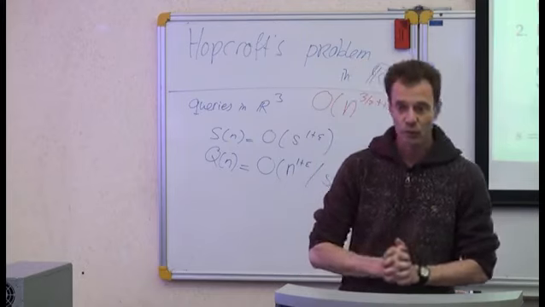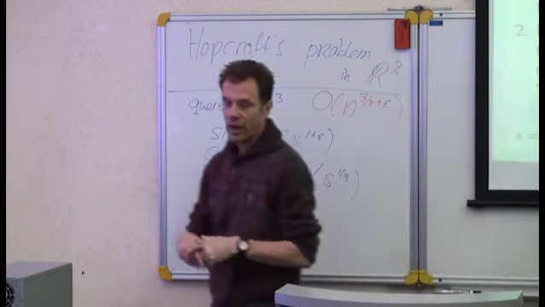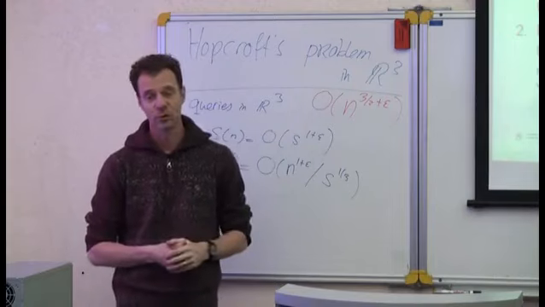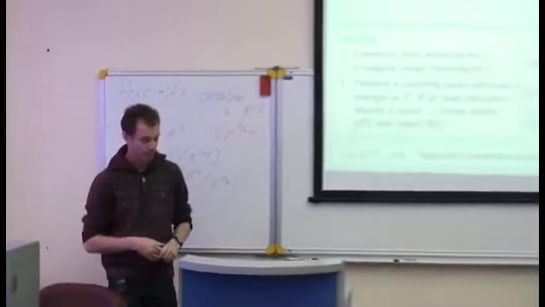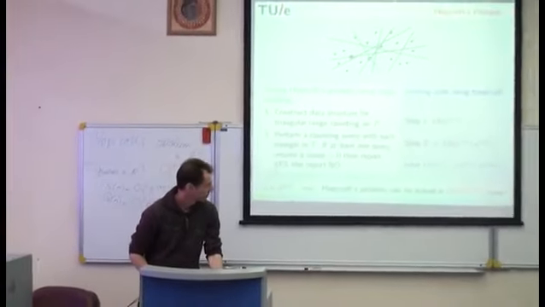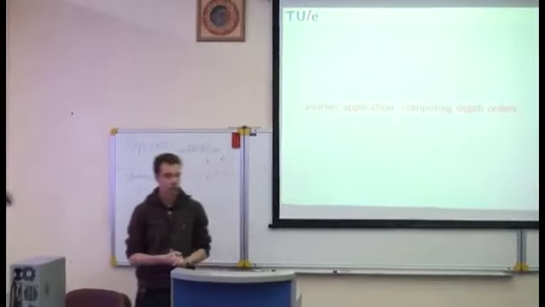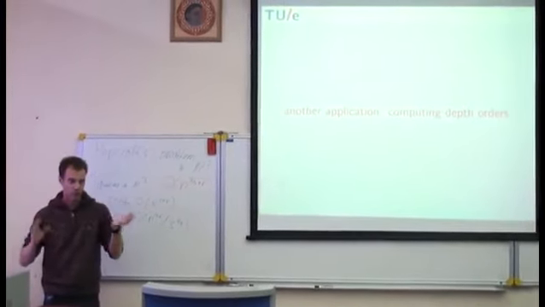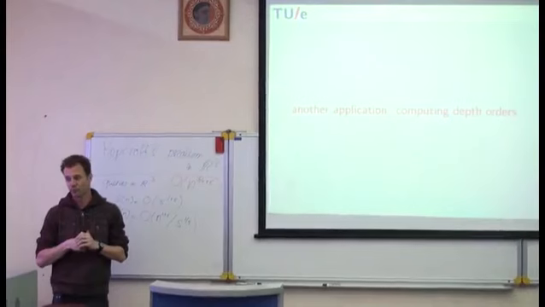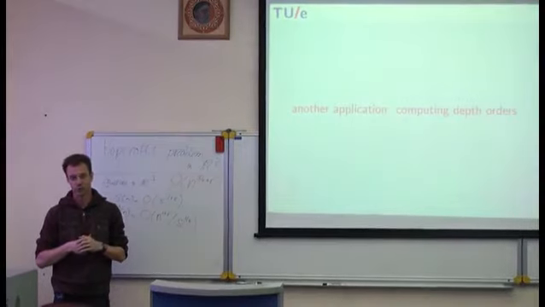Okay, I want to show you one more example of how you can use these trade-offs to do maybe a slightly more useful problem than this Hopcroft problem. And that's going to be to compute depth orders. So, do you know the painter's algorithm from computer graphics?